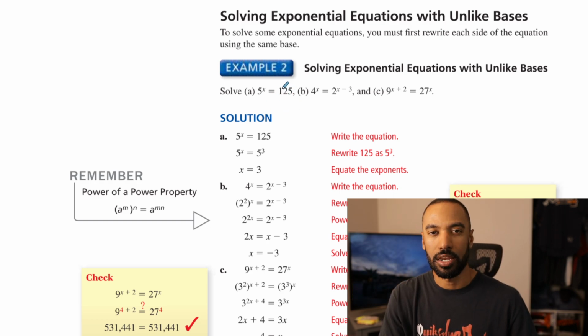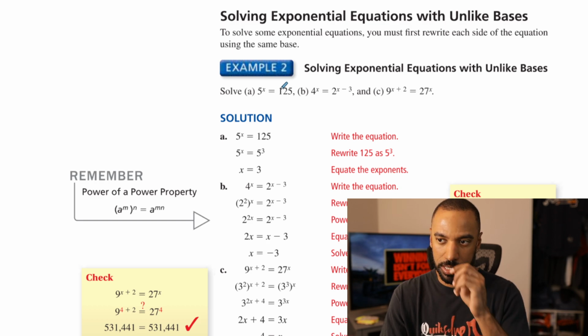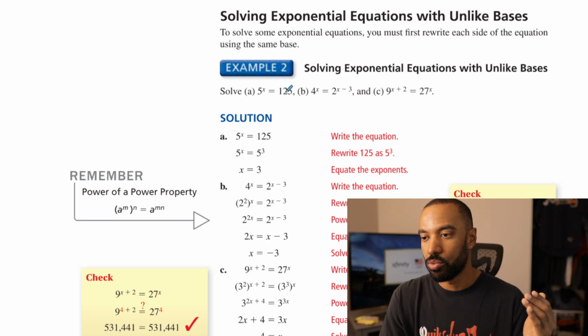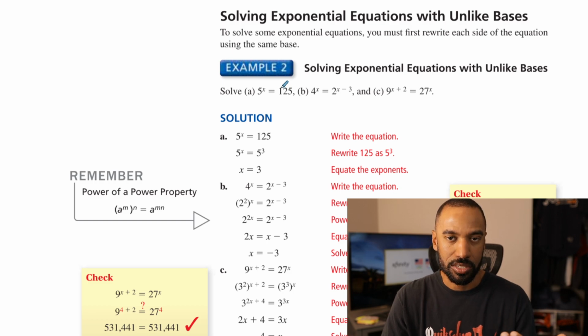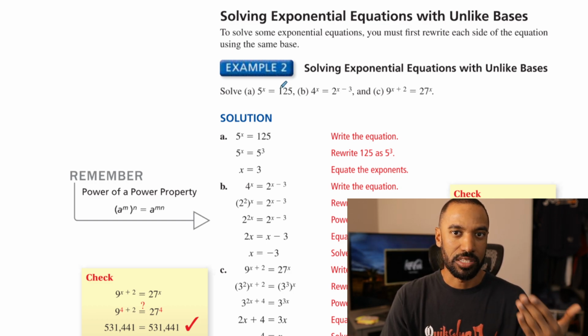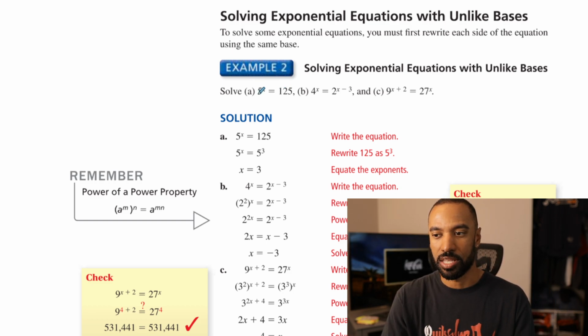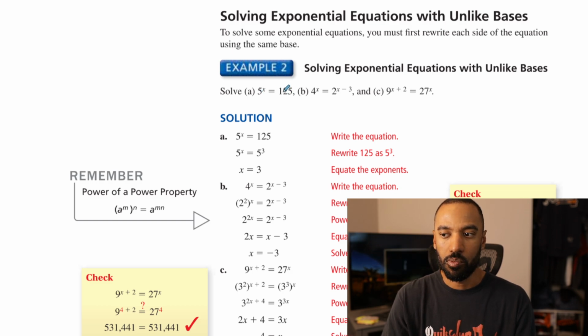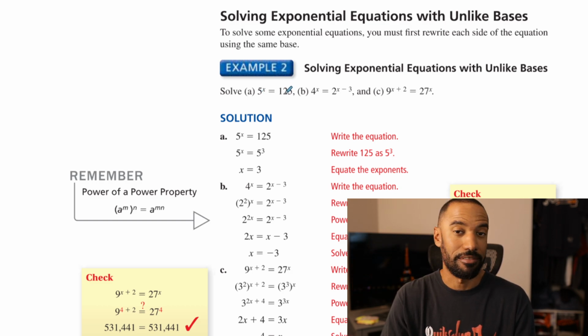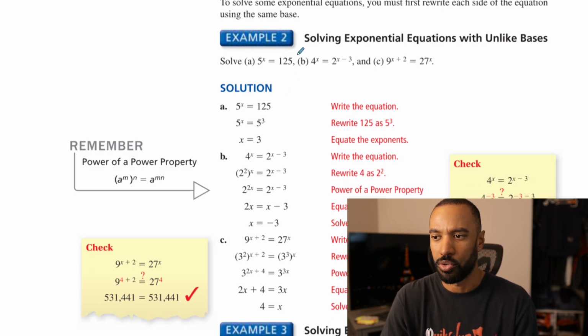Our goal here, and your goal as the student, is to determine how you can rewrite one of the numbers as the other to match the same base. As in, this is 5 to some power. Can I rewrite 125 as 5 to some power? The answer is yes, that's what I would probably go for. It's not always the case, but rewrite the larger number like that. That's generally the way to go for you guys.